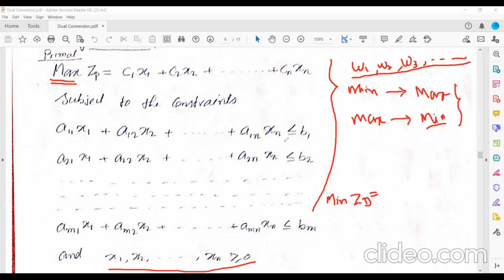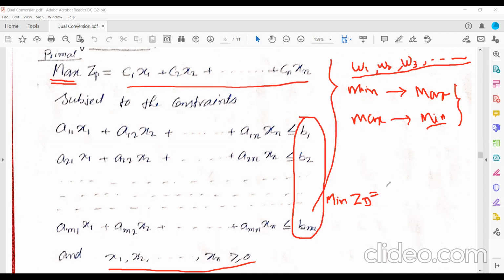So how will you write the objective function? The objective function will change here. See these constant terms. Using these constant terms, you need to write the objective function.